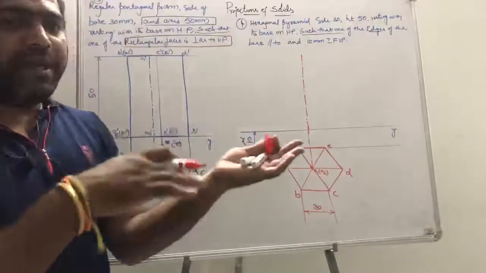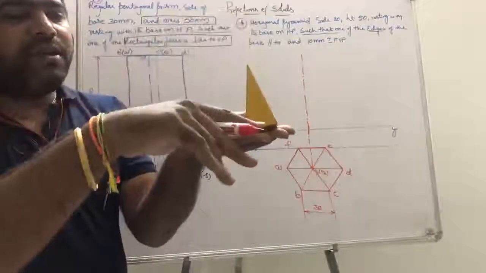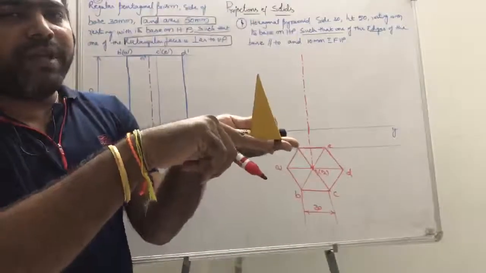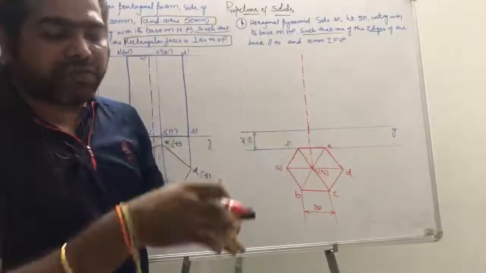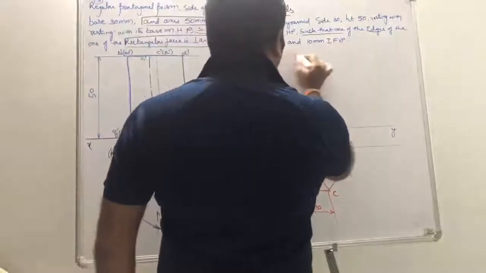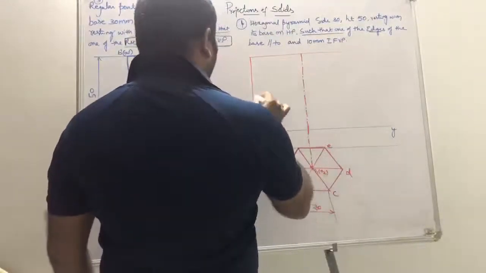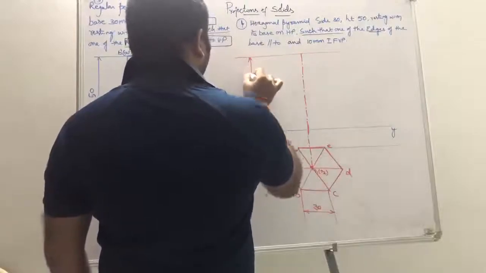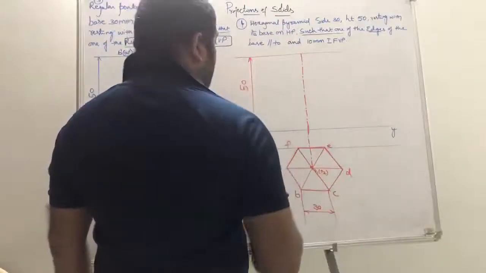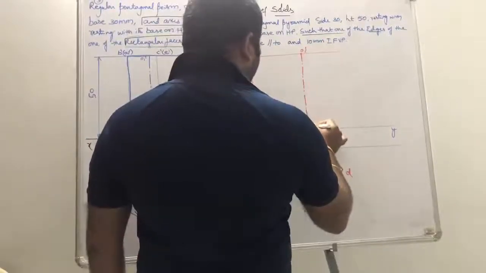Because the base is going to be on HP, while you see from the front, the base is going to be on XY. So from XY, the height of the solid is given. So this becomes O dash and this becomes O2 dash.